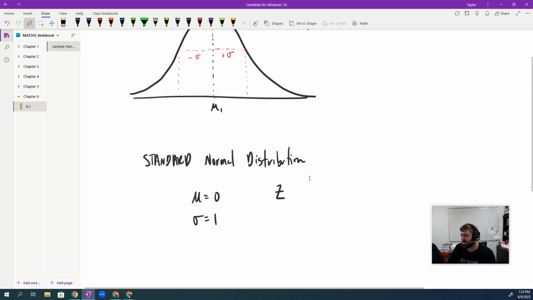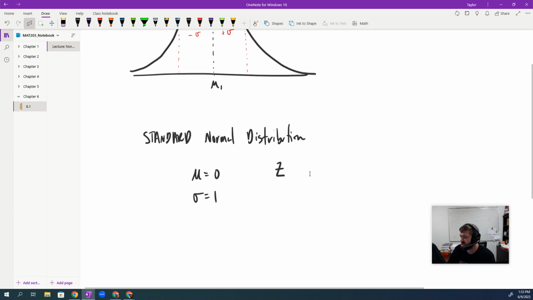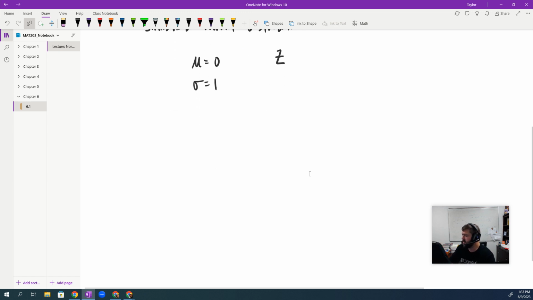The idea is how far away is a particular value from the mean in units of standard deviation. So it looks like this. The formula is, and this is a very, very, very important formula, x minus mu divided by sigma.